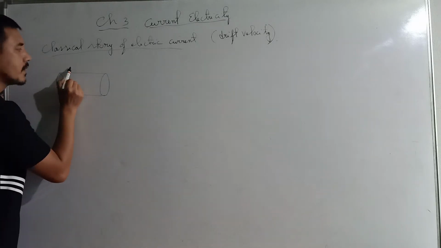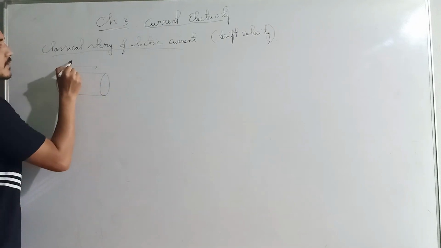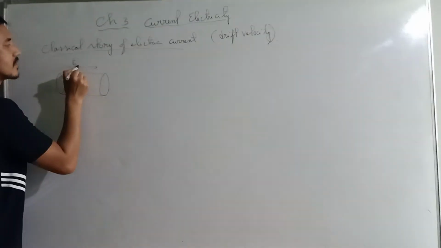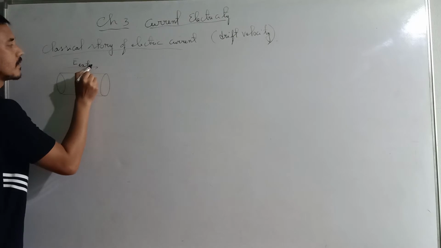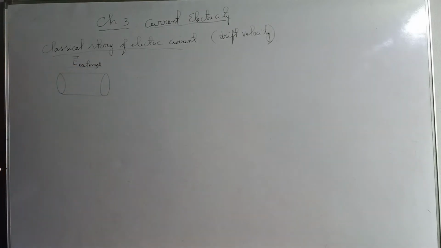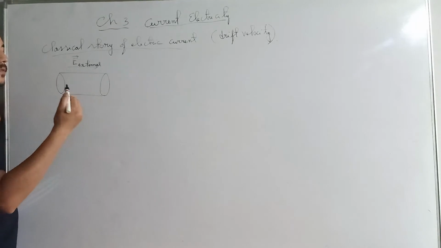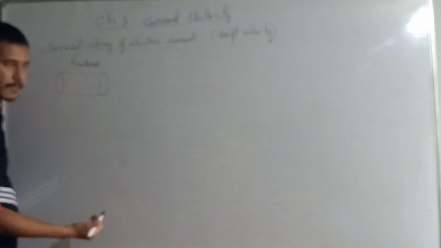Now, if an external electric field, E external, is applied, then what happens? We know that a conductor has lots of electrons present.